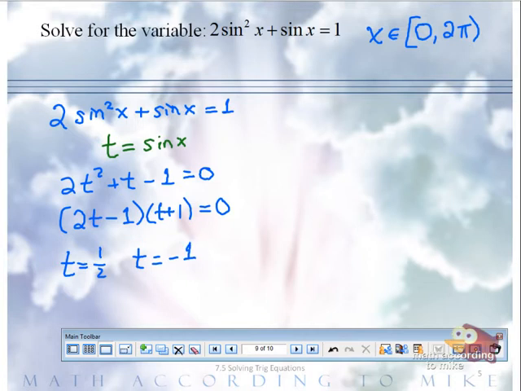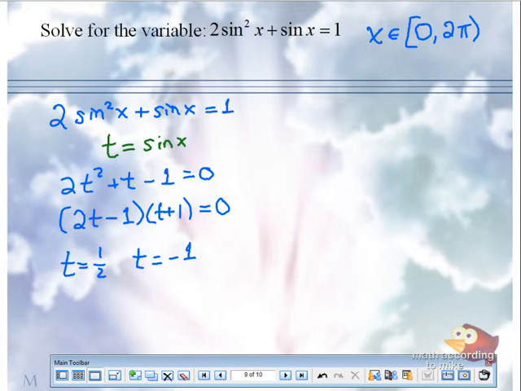But here's the thing, we did not start with t, we started with sine of x. So that would mean that the sine of x is a half. So notice we're back substituting, and the sine of x is negative 1.